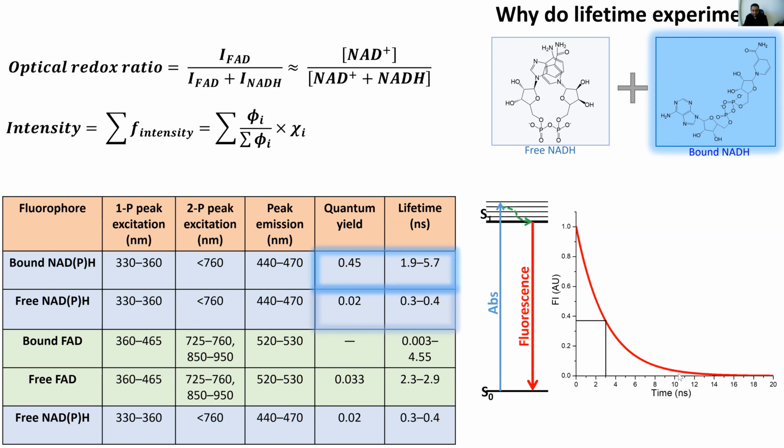Before I go into Phasor, I'm going to talk a little bit about TCSPC, the time correlated single photon counting approach, which has been used in biological systems for a while. But the big thing is this is independent of concentration, so we can calculate the lifetimes of these species, and maybe we can correlate that to the optical redox ratio or the metabolism.